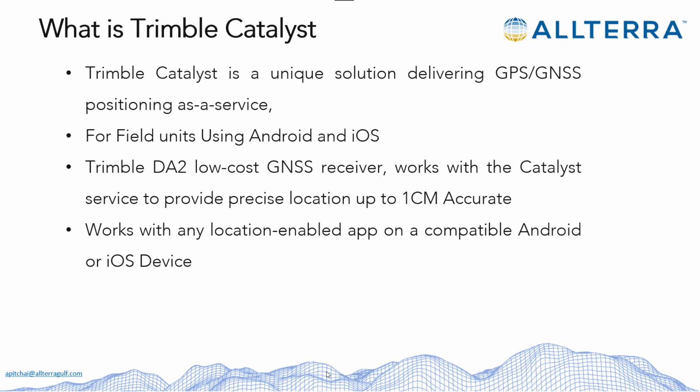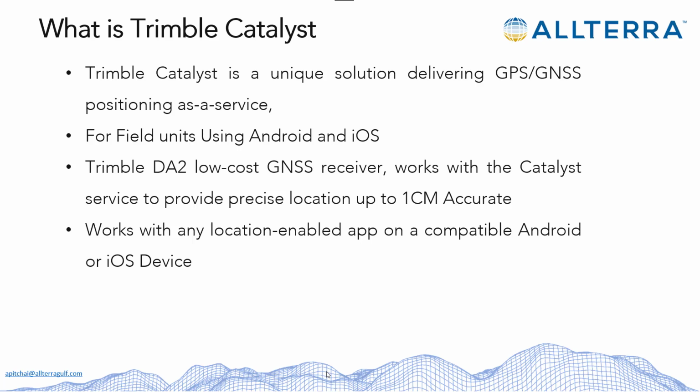The Trimble Catalyst GNSS solution comes with a lightweight Trimble DA2 antenna which acts as a receiver, and when clubbed with Catalyst it gives you high accuracy information to any device and any app which you are using in the field for your data collection.